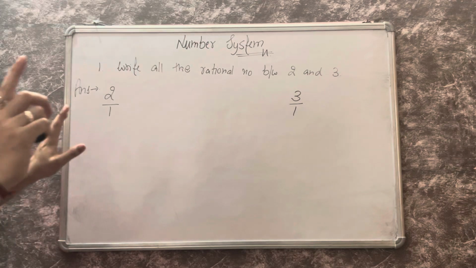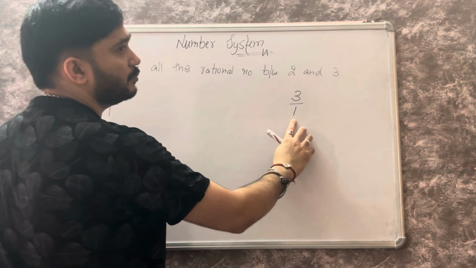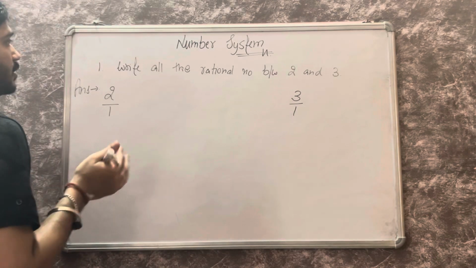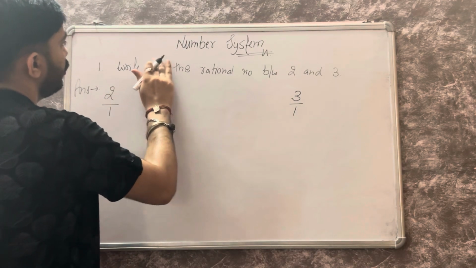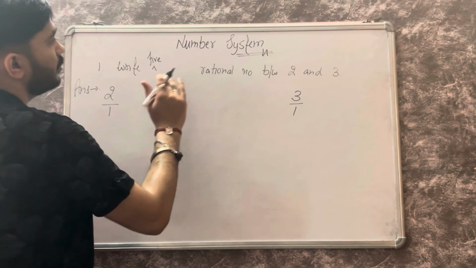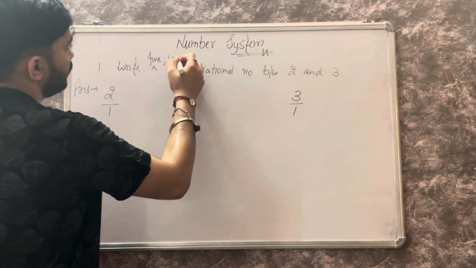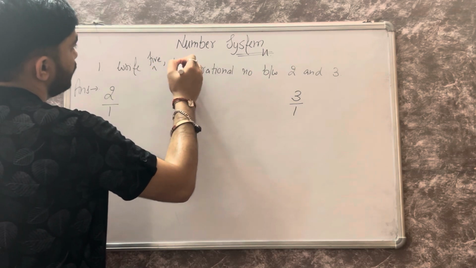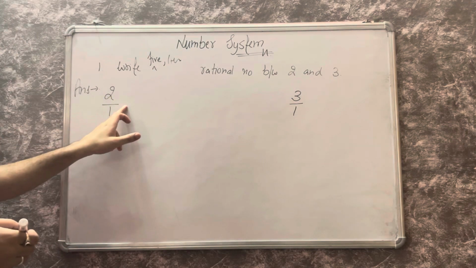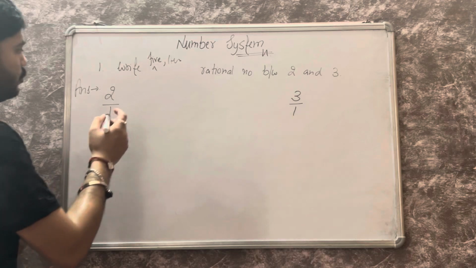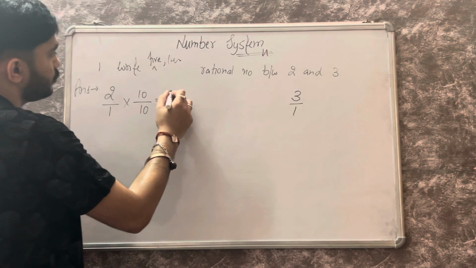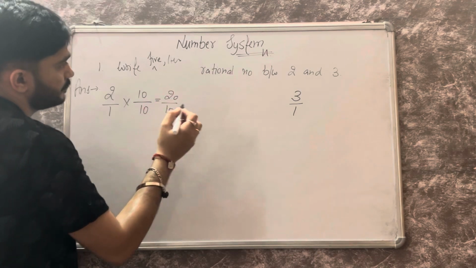First type of question are those in which the denominator of both the numbers are same. Here we see that the denominator of both the numbers is same. Just do one thing. How many? Write 5 rational numbers between, or 10 rational numbers between 2 and 3. Just multiply this by 10 upon 10. 2 into 10 is 20, 1 into 10 is 10.